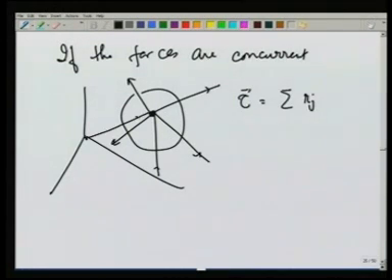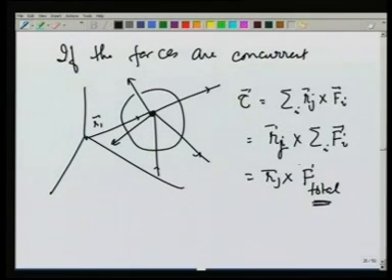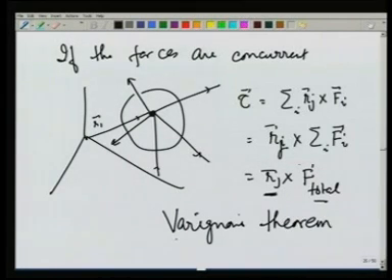Let us call this R j, cross F i, which is equal to R j, which can be taken out because it is the same for all forces, cross F i, which is nothing but R j cross F total. So, if all the forces meet at a certain point, the torque due to all the forces is equal to the torque of the total force acting at that point. This is known as Varignon's theorem, and it is true only when all the forces are meeting at a certain point.